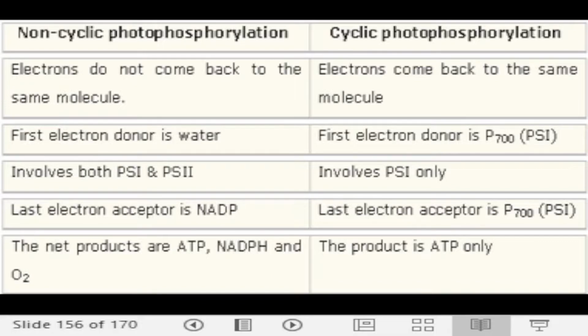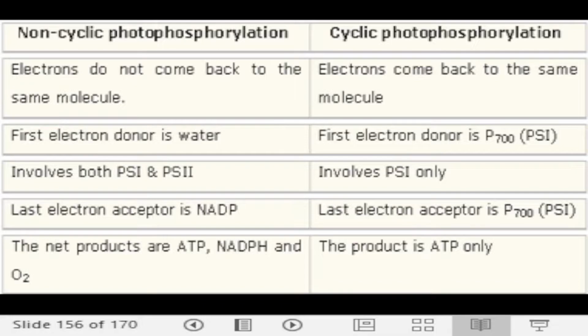In this case, the starting molecule is the reaction center P700 in photosystem 1. Now, for non-cyclic, the first electron donor is water, while for cyclic photophosphorylation, the first electron donor is the reaction center of photosystem 1, which is P700.